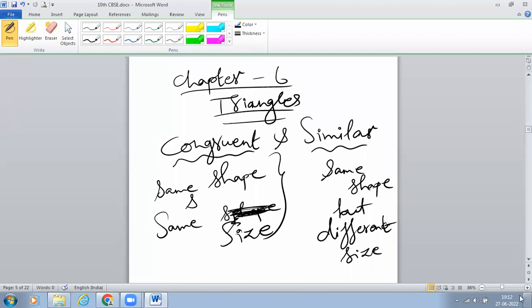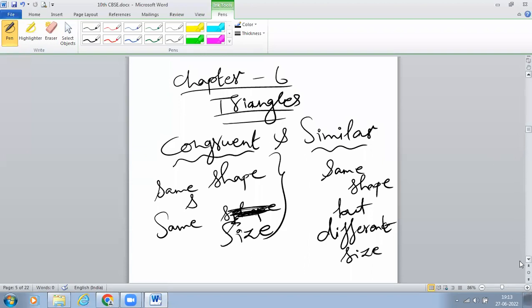Some students will have shoe size 8, and some students will have size 7. But the shape of the shoe, the design, everything is the same for all the students. Only the size differs. That is an example for similar.